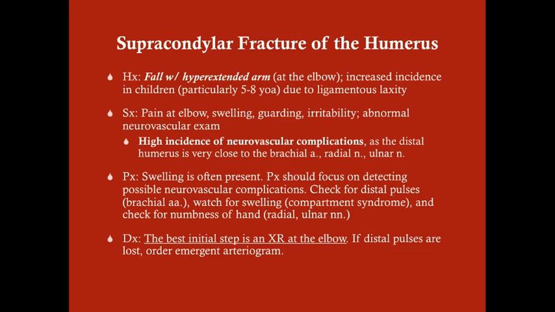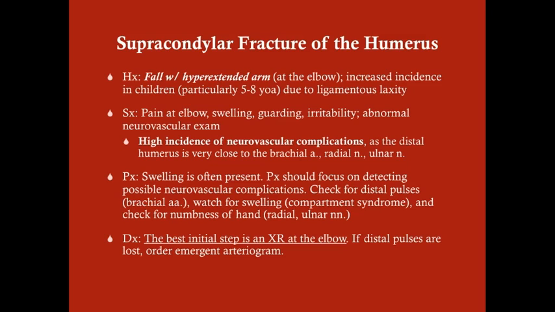The physical examination should be focused on neurovascular complications. So how do we test for neurovascular complications? We test the integrity of the arteries that can be affected, looking for distal pulses, so checking the brachial artery. And we're looking for numbness of the hand or weakness of the wrists.